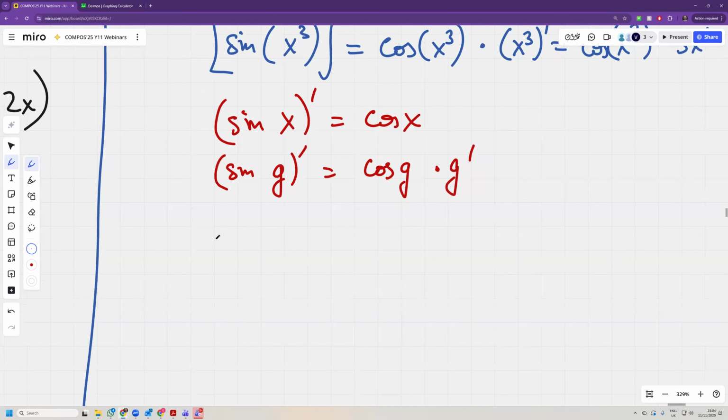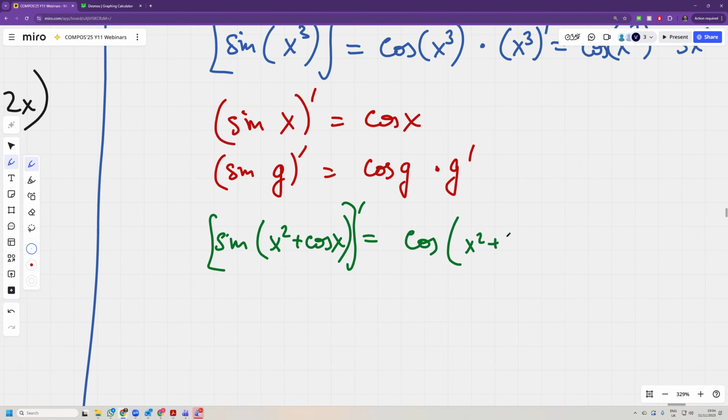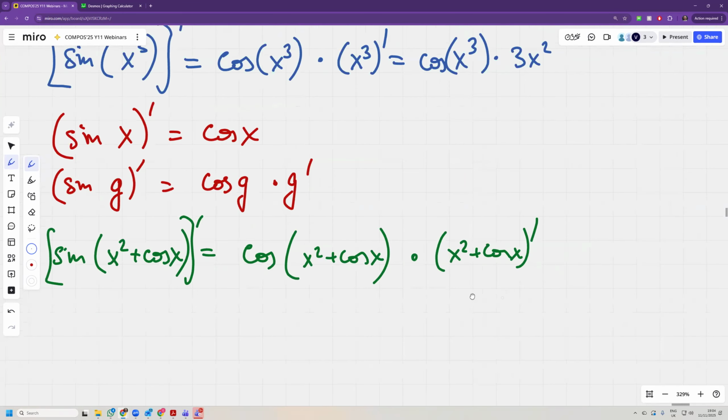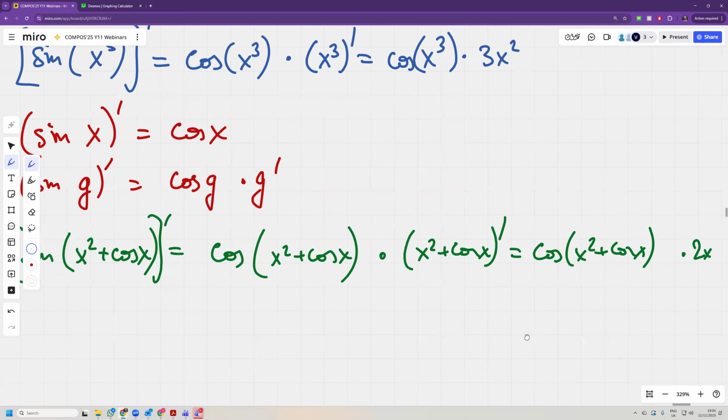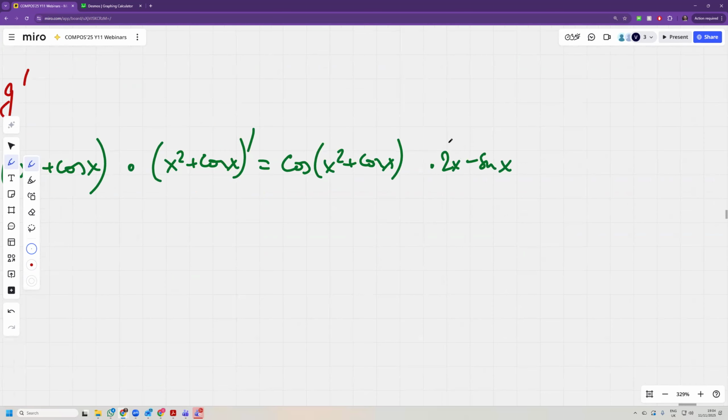So, for example, the derivative of sine of x squared plus cosine x is cosine of x squared plus cosine x, just as you would normally, multiplied by the derivative of that. So multiplied by x squared plus cos x dash, which is cos of x squared plus cos x multiplied by 2x minus sine x. Does that make more sense?